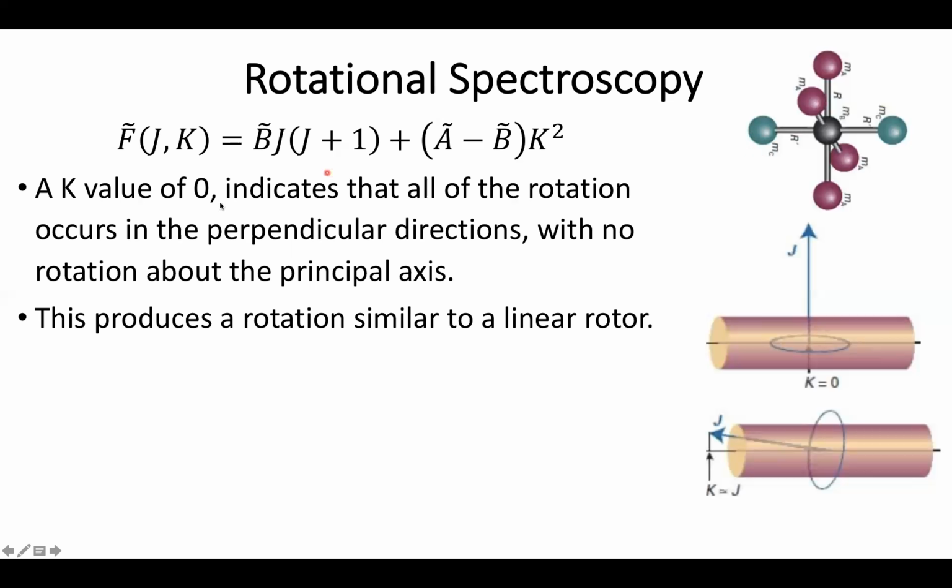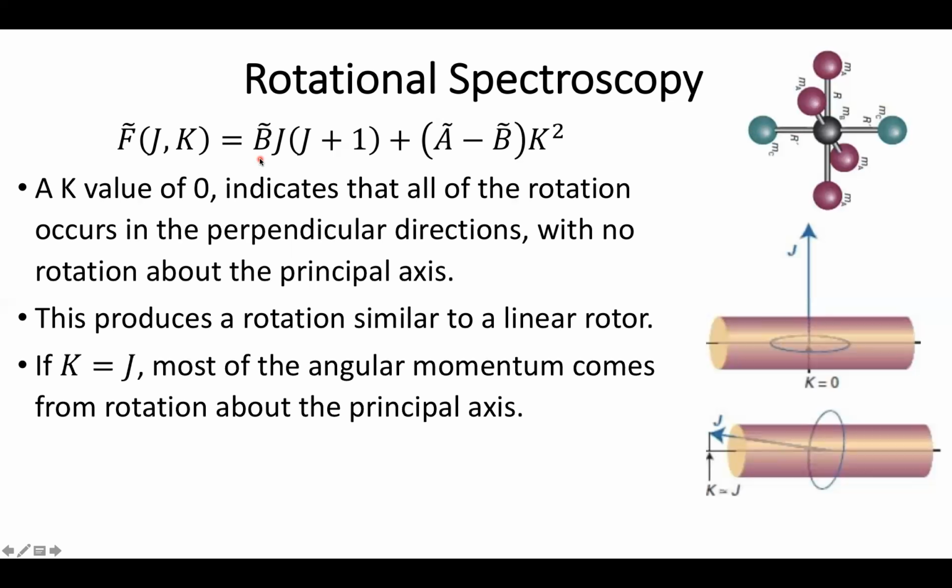So K equals 0. Essentially, I act like a linear rotor, and lo and behold, what we find is that my energy function is exactly that of a linear rotor, where the B term simply represents the same exact thing it did when dealing with a linear rotor.